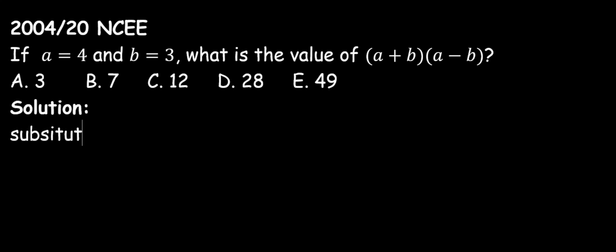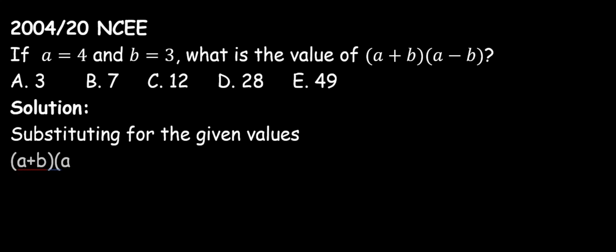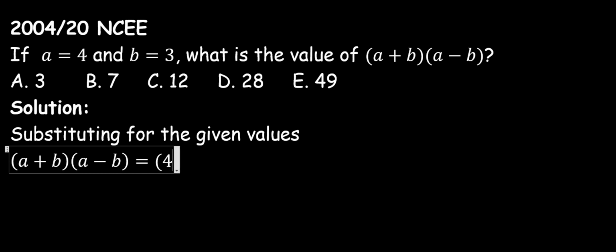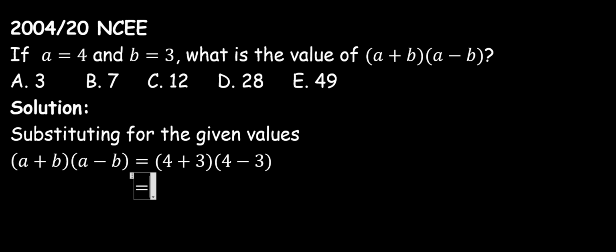Substituting for the given values, (A plus B) into (A minus B) will be equal to (4 plus 3) and (4 minus 3), which will be equal to 7 times 1. We just added the values in the first bracket and subtracted in the second one. Our result became 7 times 1, and that is equal to 7.